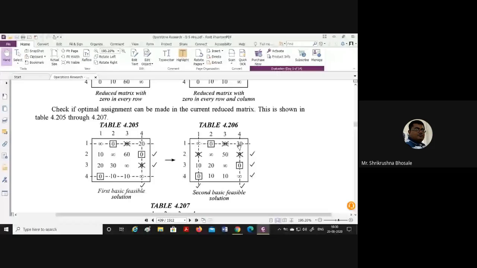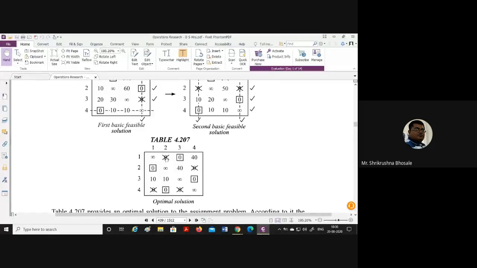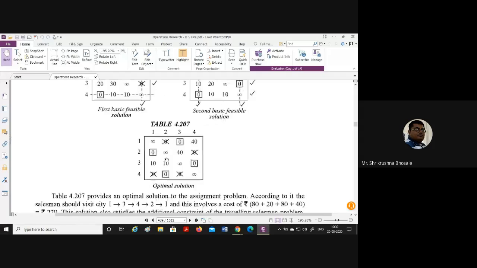Okay, then you will get this particular solution, or this particular table. Then in this, instead of giving the second allocation from city 1, I have given the third allocation to city 1. Why?